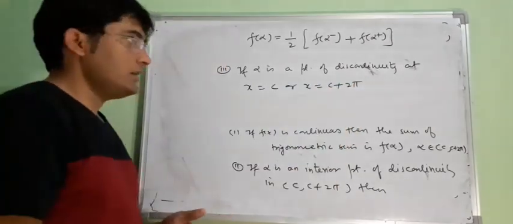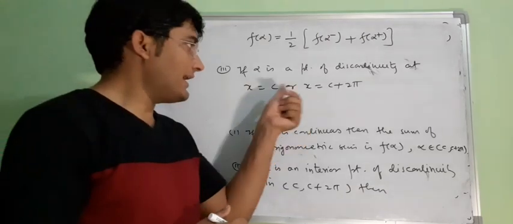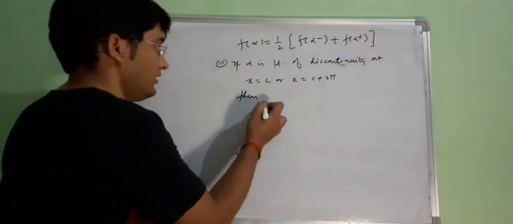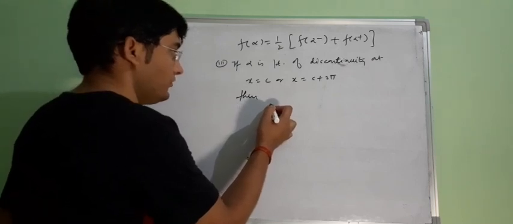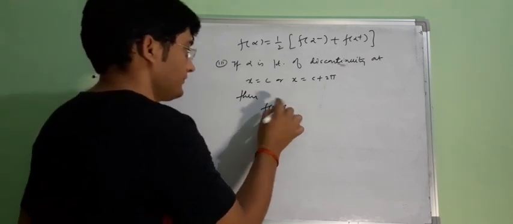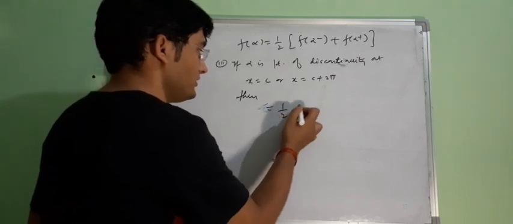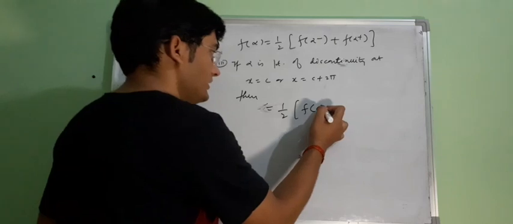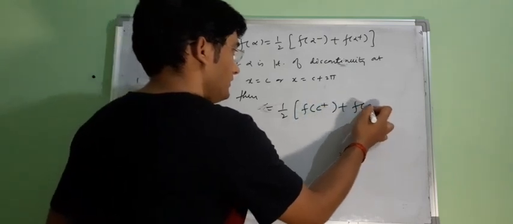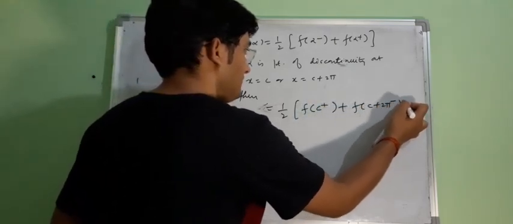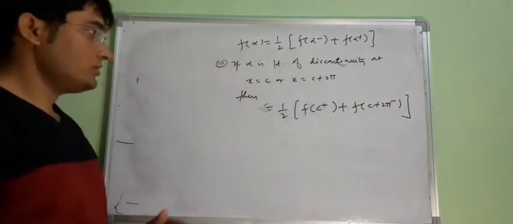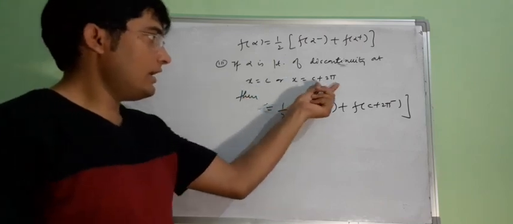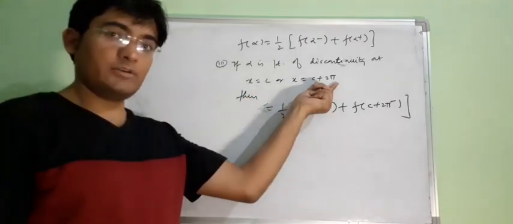That means if alpha is a point of discontinuity at the end points, then the sum of the series will be the average of the right hand limit at c plus the left hand limit at c plus 2 pi. So the sum of the series will be the right hand limit at c and the left hand limit at c plus 2 pi.